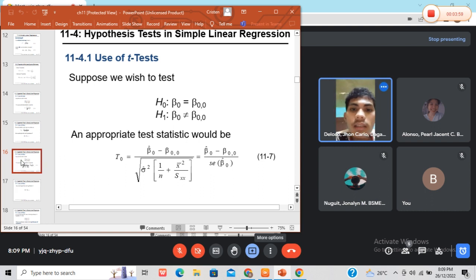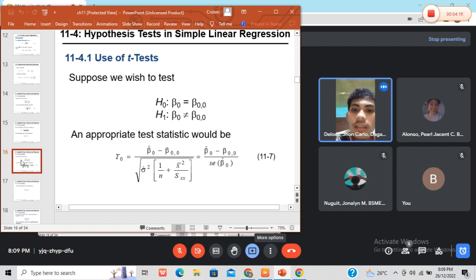Suppose we wish to test our null hypothesis, beta sub 0 is equal to beta sub 0,0, and our alternative hypothesis, beta sub 0 is not equal to beta sub 0,0.